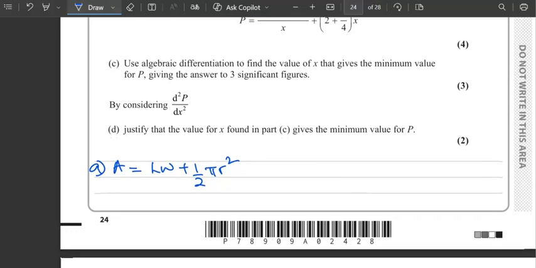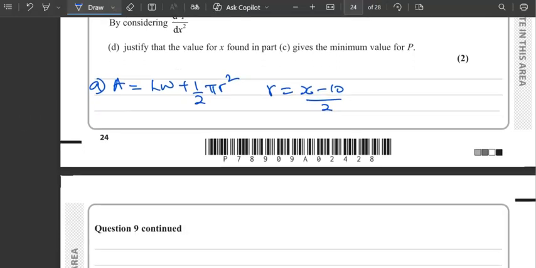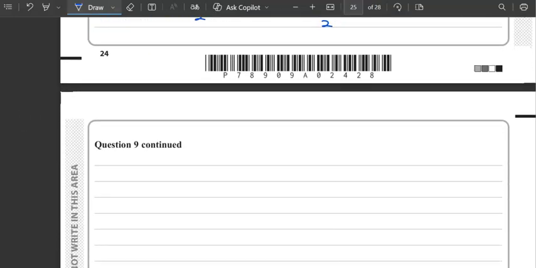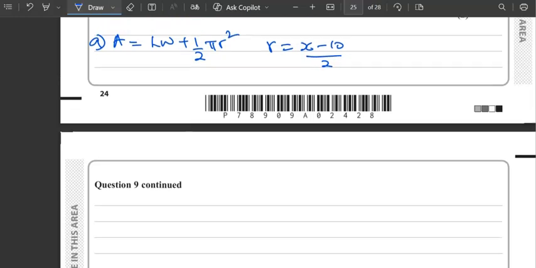Now remember that r we've said already to be equivalent to x minus 10 everything over 2. When we substitute everything that we have, length is x and width is y.